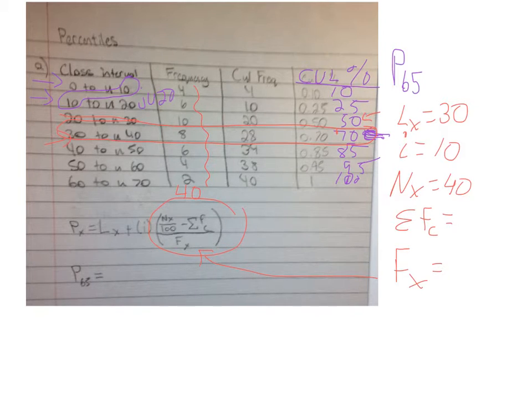Sum of Fc means the frequency so far. For that, we look to the line just above, and that is the 50th percentile that we were talking about. We've got 50% of the data accounted for in this line here. So that's where the Fc comes from.